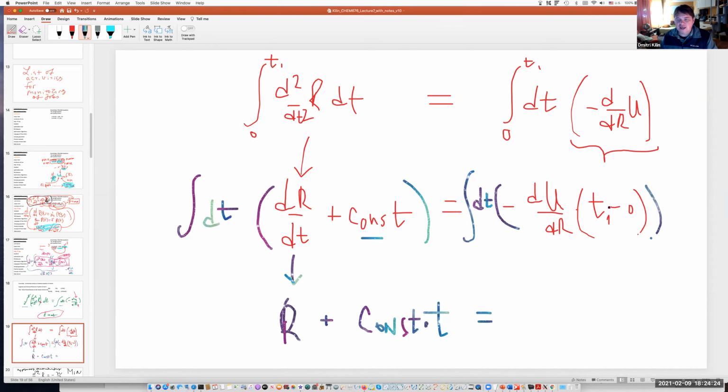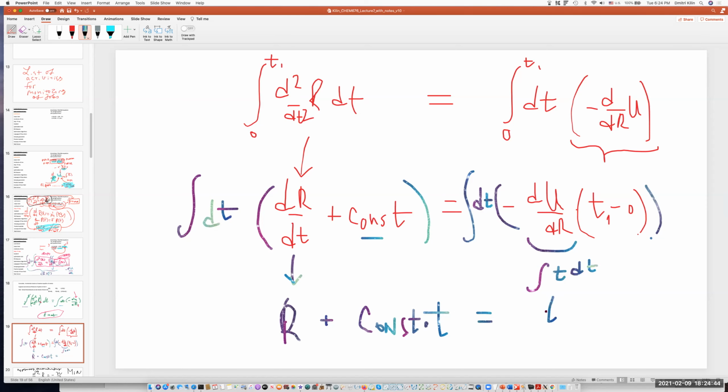And what would happen if I integrate this gradient times t over time? What is the integral of t? T squared over 2, correct.